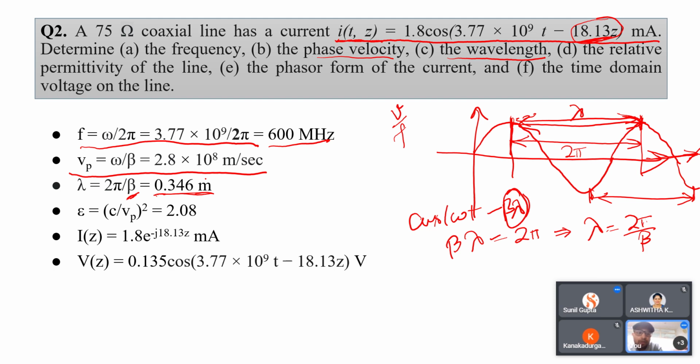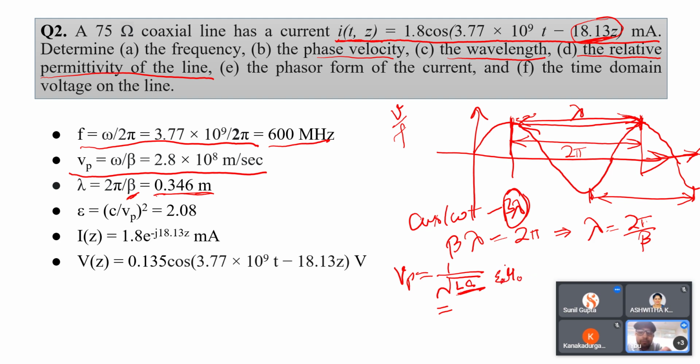After that, the relative permittivity of the line. For calculating the relative permittivity, we know that phase velocity can also be defined as 1 over the square root of LC. Suppose this line is in the air, then the permeability and permittivity are mu naught and epsilon naught.